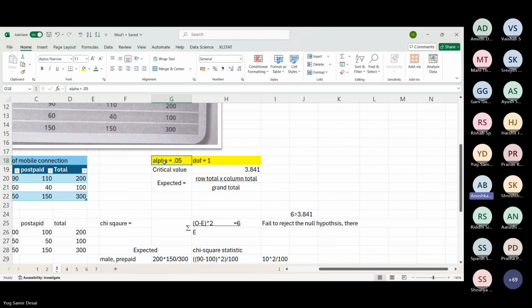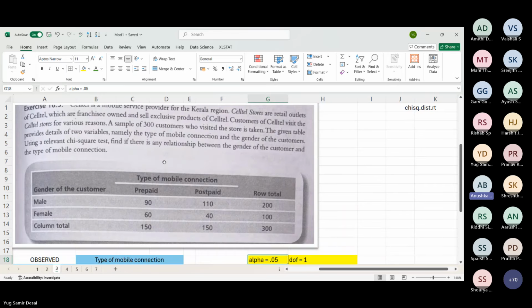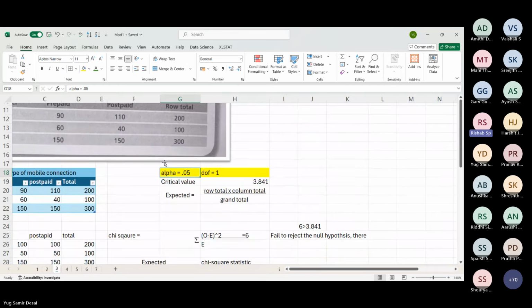Then what do we take if alpha is not given? Honestly, even I don't know the answer, because even I haven't been able to find that out. Ideally it should be given. Okay, so you just assumed it to be 0.05 just to explain this sum. Yeah, I'll just take that question.